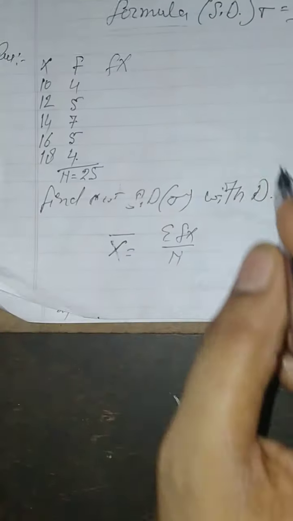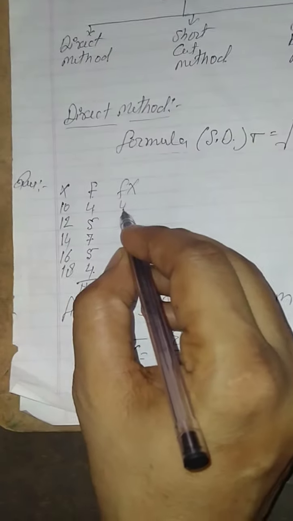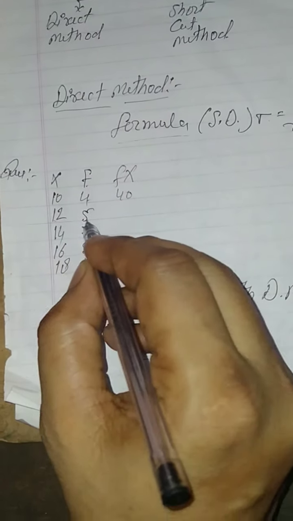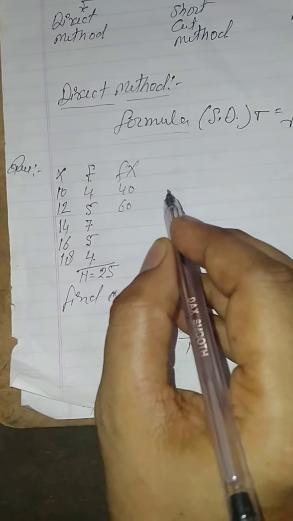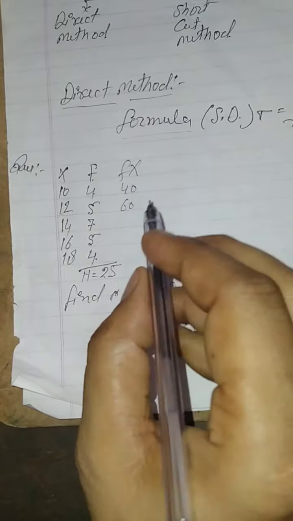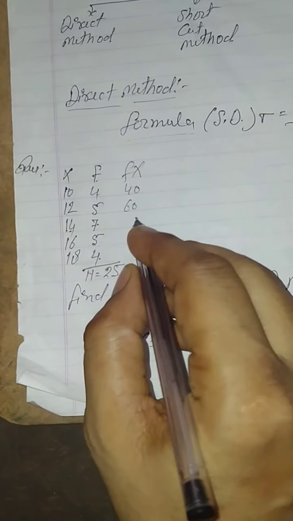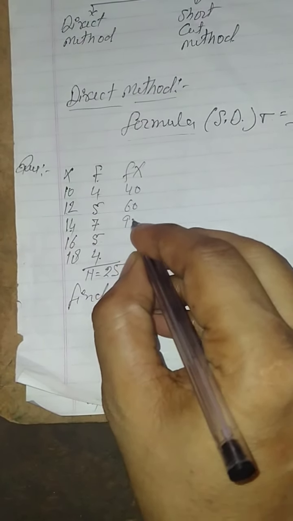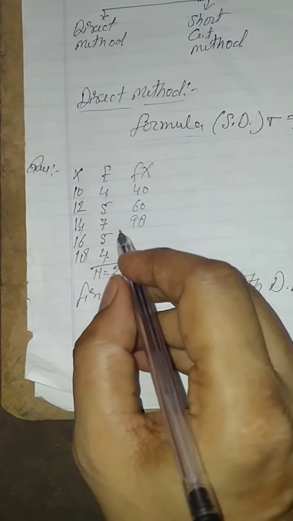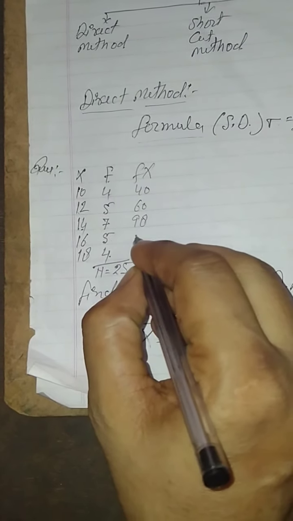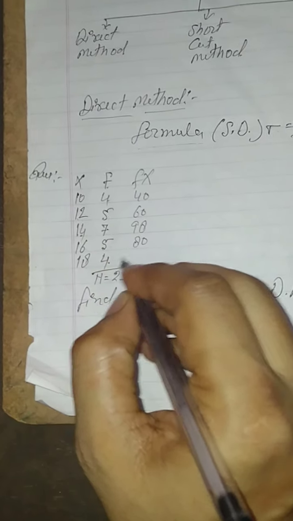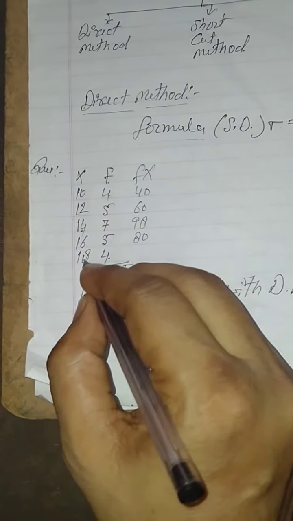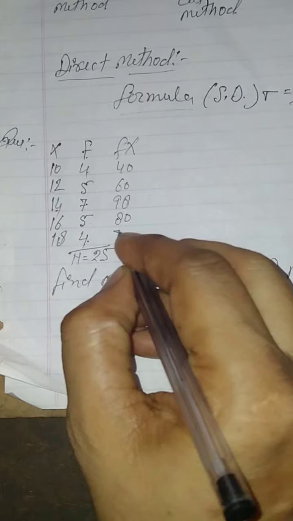After that, we will find fx, frequency multiplied by x. 10 times 4 is 40, 12 times 5 is 60, 14 times 7 is 98, 16 times 5 is 80, and 18 times 4 is 72.